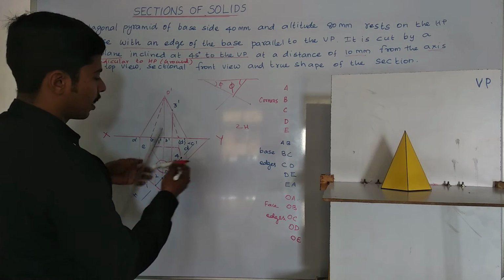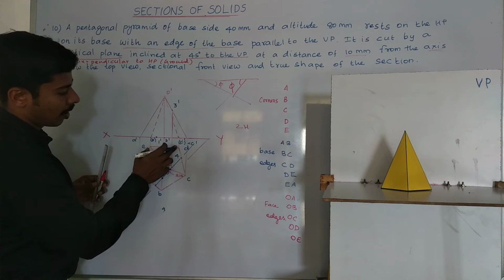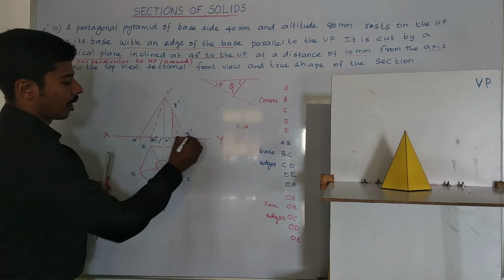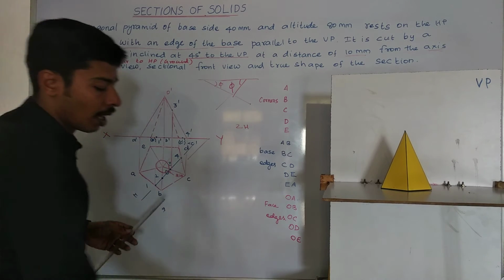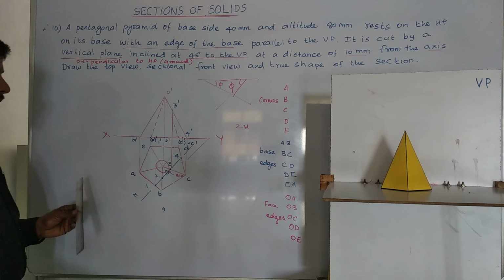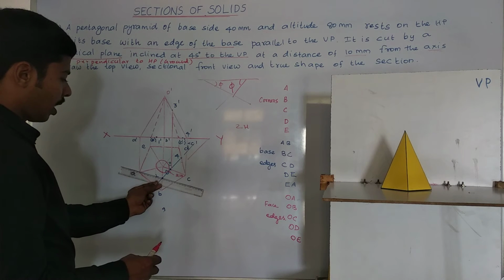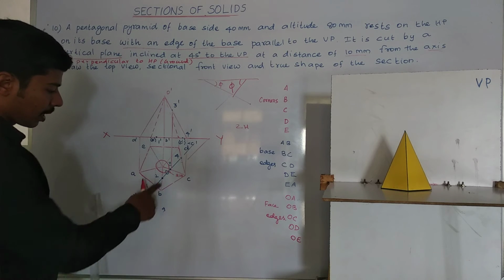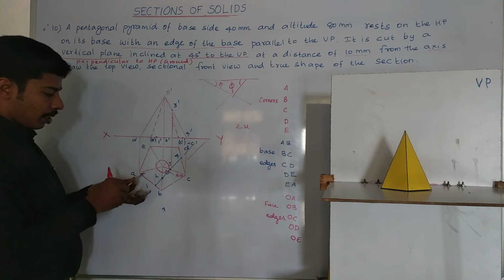Then 4 dash. 4 is in CD. So CD is here, 4 dash. So we have 1 dash, 3 dash, 4 dash. We have to find 2 dash. How to find 2 dash? For getting 2 dash, we transfer this to another edge by rotation.